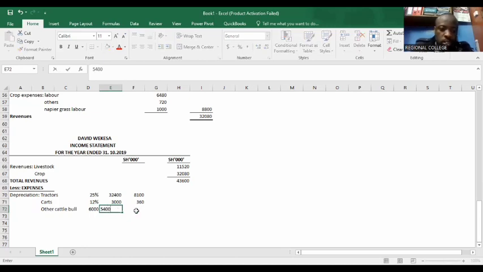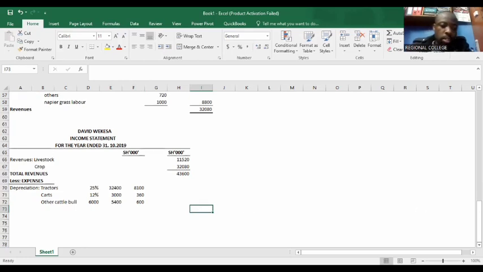That difference is like a depreciation or loss of value of 600. We'll write loss of value. He'll recognize it as an expense because it has disappeared. We don't know where it has disappeared to, and there was no disposal of any bull.